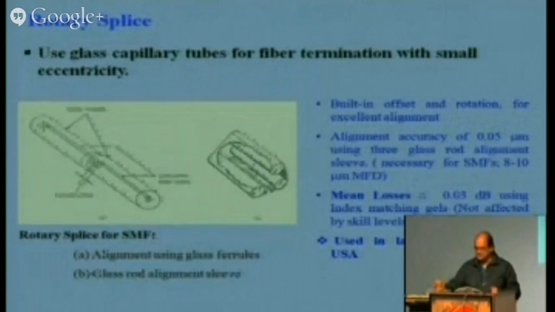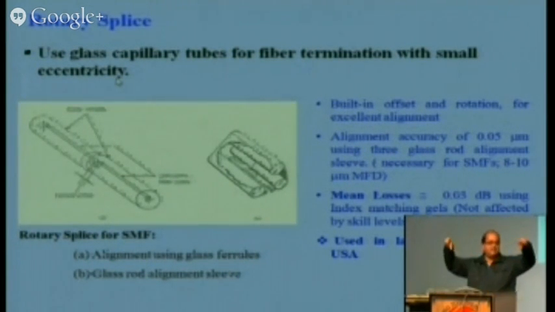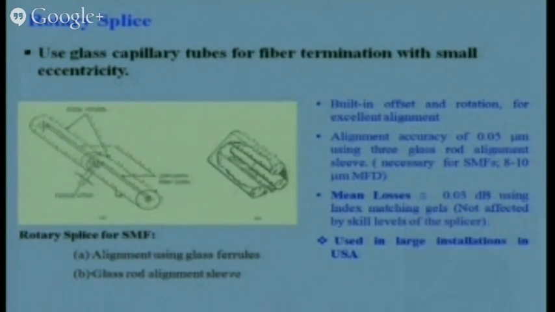Similarly, as I discussed earlier, we can have a rotary splice. Basically you will see there are glass ferrules, but the alignment sleeve is rotatable. You put the ferrules and bring them into a rotatable position. Where there is maximum power, you can lock it there. So the alignment is done.